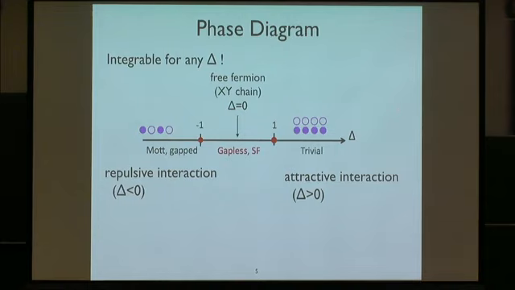Negative delta is the antiferromagnetic or repulsive interaction regime. For delta smaller than -1, you enter the Néel phase in spin language, or the Mott insulating phase in particle language. In between, between -1 and 1, you have a gapless critical phase, whose low energy limit can be described by Tomonaga-Luttinger liquid theory. In particular, delta equals 0 corresponds to the XY chain, or equivalently the free fermion model.